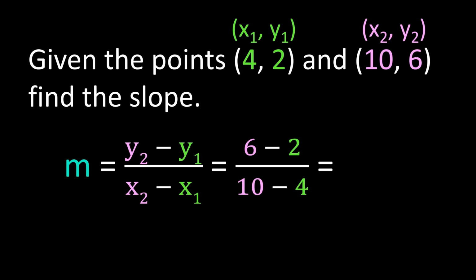Now I'm ready to subtract, and I have 6 minus 2 is 4, and 10 minus 4 is 6. And if I can simplify, I do need to do that because I am calculating the slope. 4 and 6 share a common factor of 2. So 4 divided by 2 is 2, and 6 divided by 2 is 3, for a slope of 2/3.